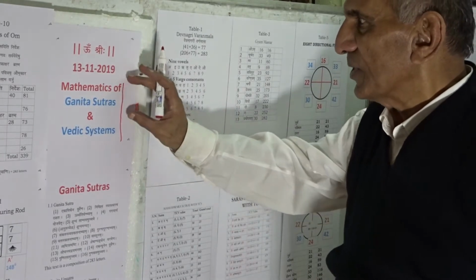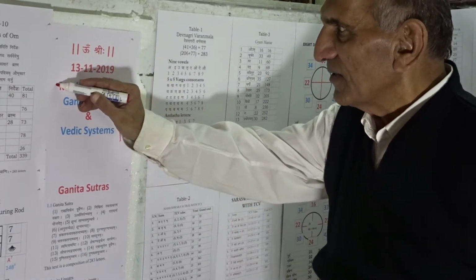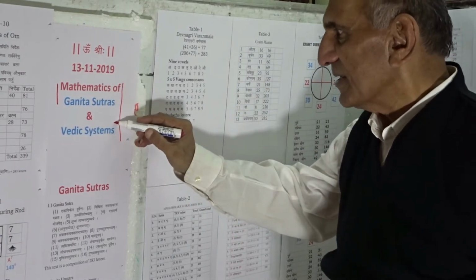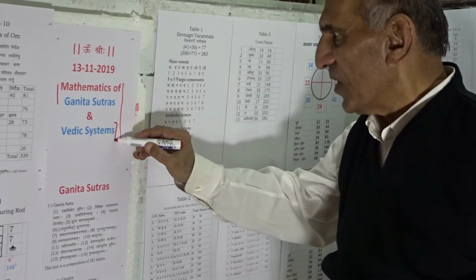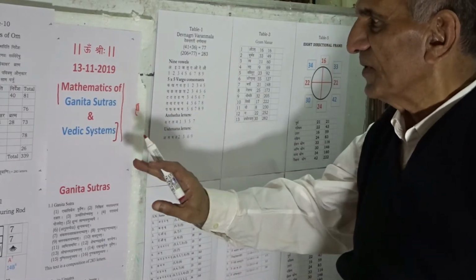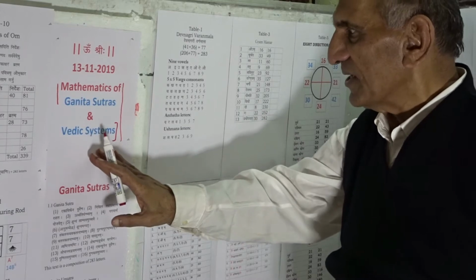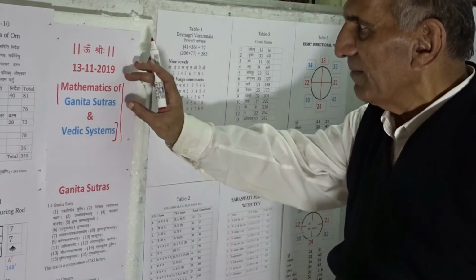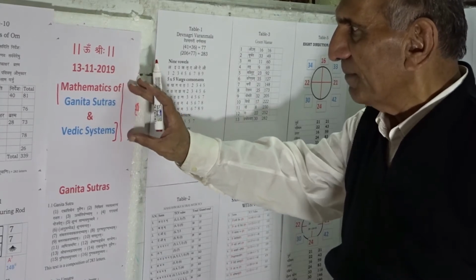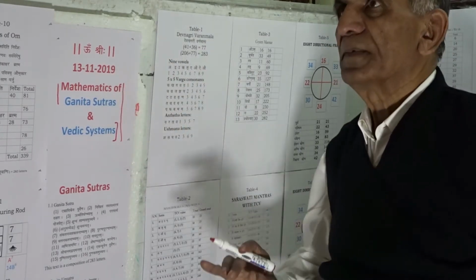Mathematics of Ganita Sutras is Vedic mathematics, and Vedic systems are the values, features and formats of the organization of the Vedic knowledge. Vedic knowledge organization and mathematics of Ganita Sutra run parallel to each other.